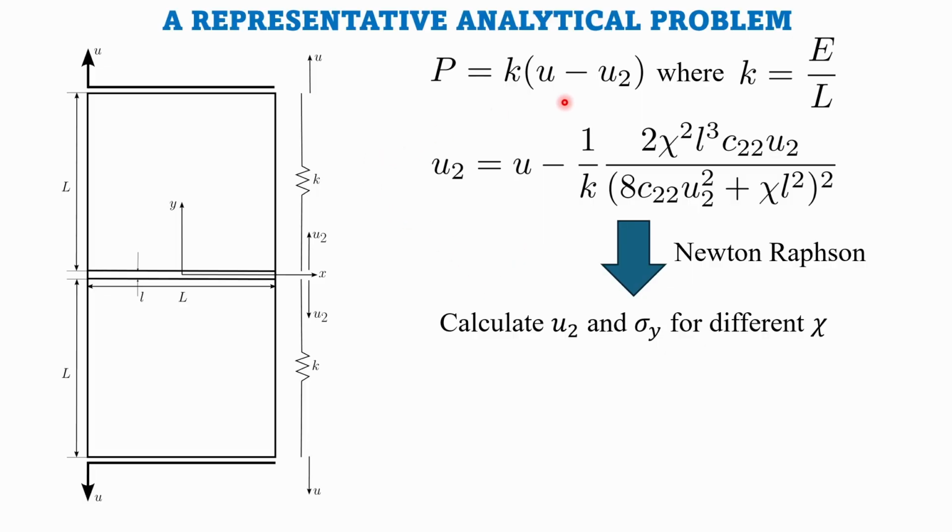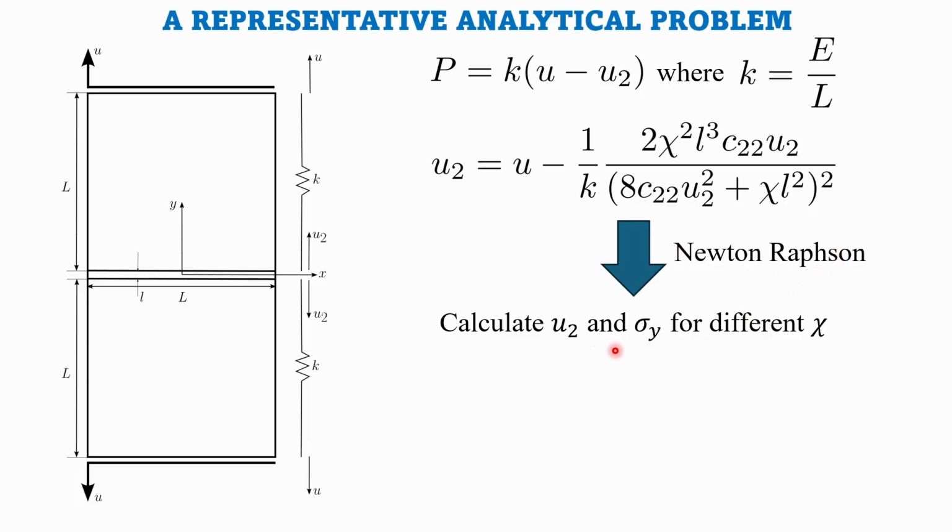Now, this is a Newton-Raphson problem. Why? Because in the left hand side you have an unknown quantity, and in the right hand side also you have an unknown quantity. And essentially what you are doing is you are changing this u2. Correct? So this u2 will be dependent on u, and we have to solve this using Newton-Raphson.